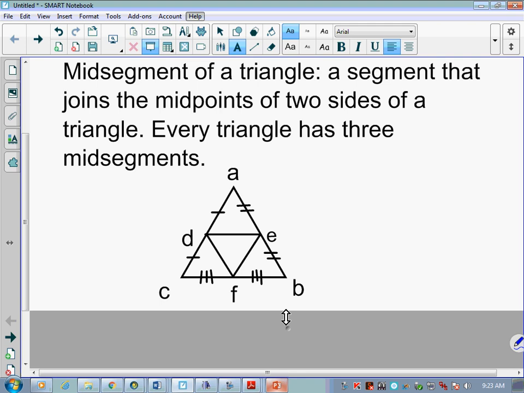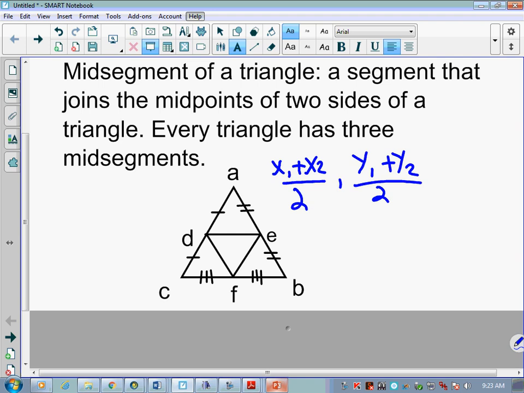Can anybody give me a brief rundown of how we find a midpoint on a coordinate plane? Because we might need to do that. Eventually, they're going to put it on a coordinate grid. x1 plus x2 divided by 2, y1 plus y2 divided by 2 is going to give me the coordinates to find a midpoint.